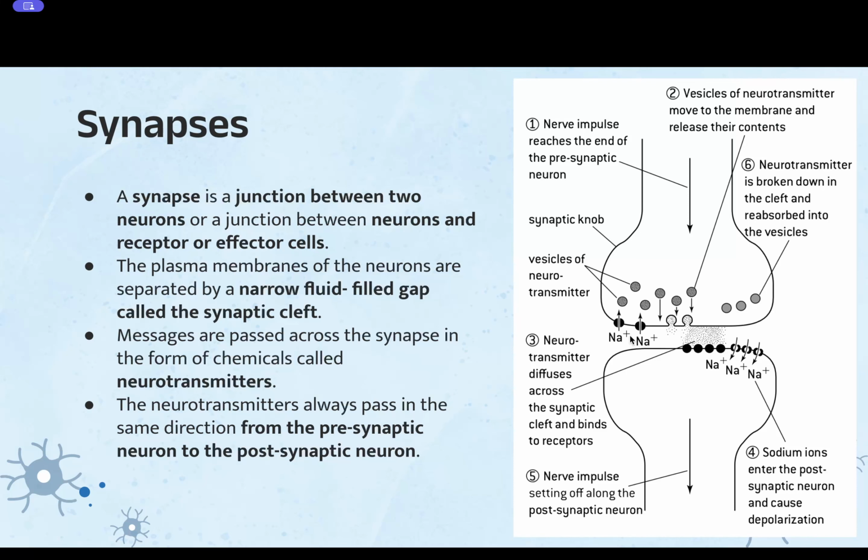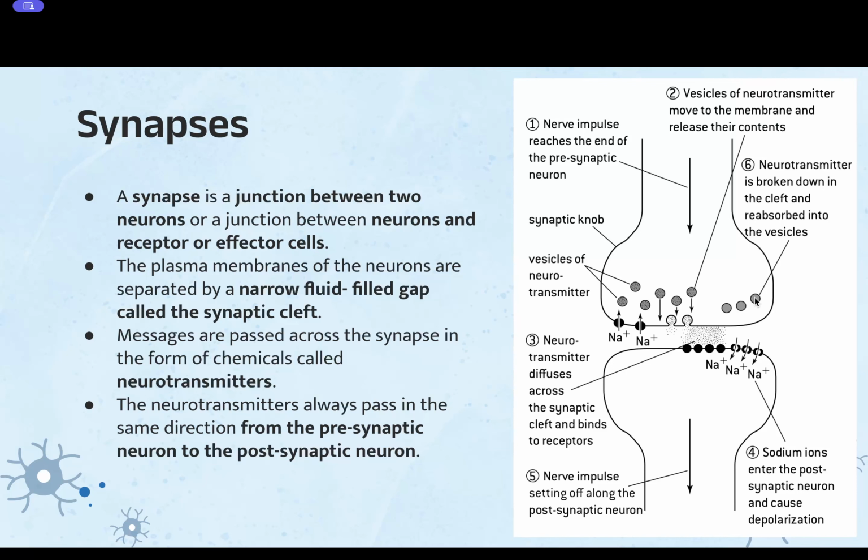Then the third step is that the neurotransmitter will diffuse across the synaptic cleft and bind to the receptors on the postsynaptic neuron.